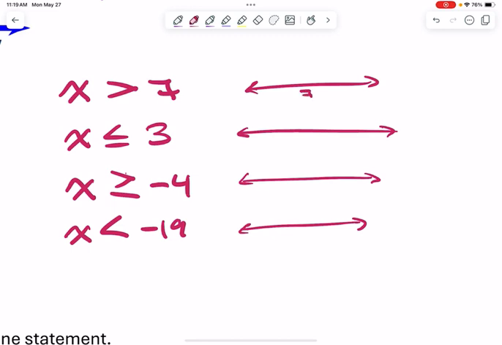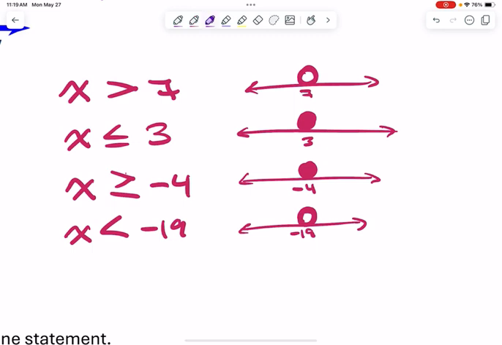I know that my point of interest, where I draw my circle, is going to be along the number included in the value. Now, the type of circle is going to depend on the inequality. The ones that do not have an or equal to portion will have an open circle. The ones that do have an or equal to portion will have a closed circle.